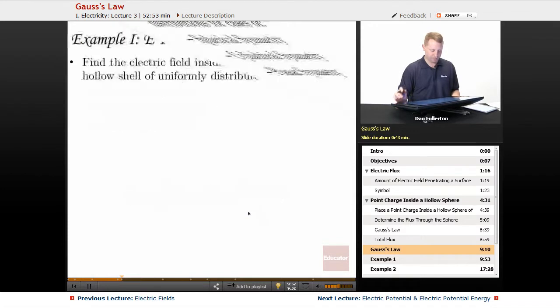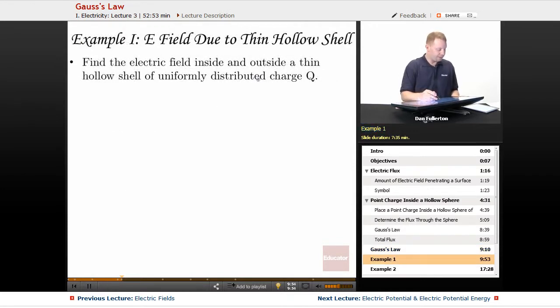Let's do some examples. Find the electric field inside and outside a thin hollow shell of uniformly distributed charge Q. All right, well, let's see if we can't draw this first. So there's our shell of charge with some amount Q. Now, what we're going to do is we're going to choose a Gaussian surface.